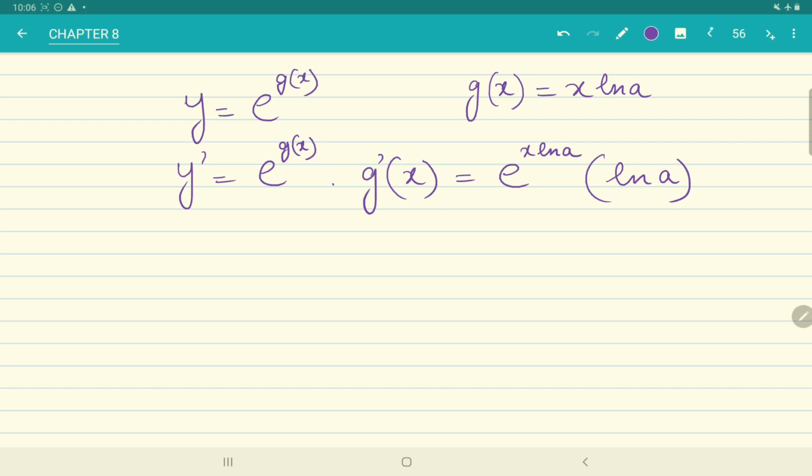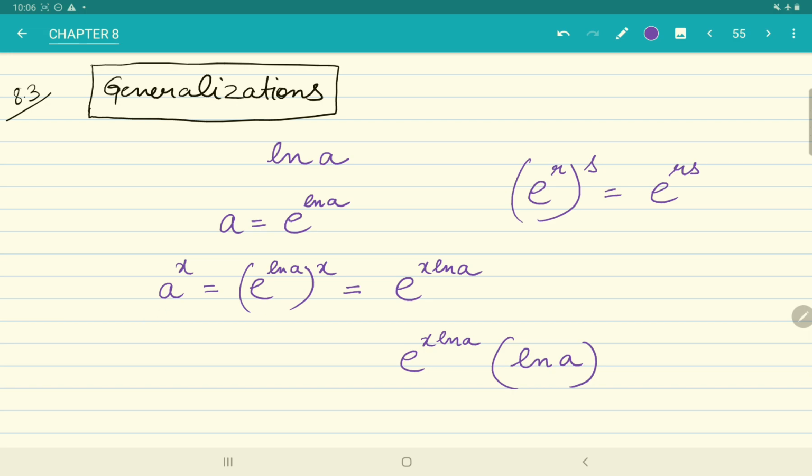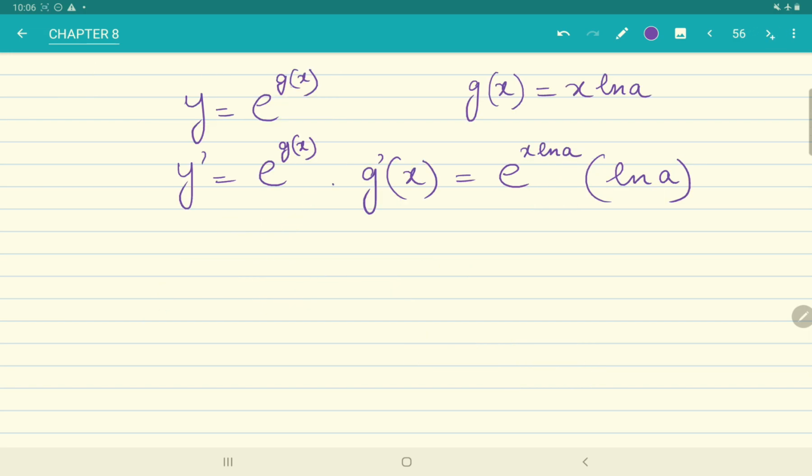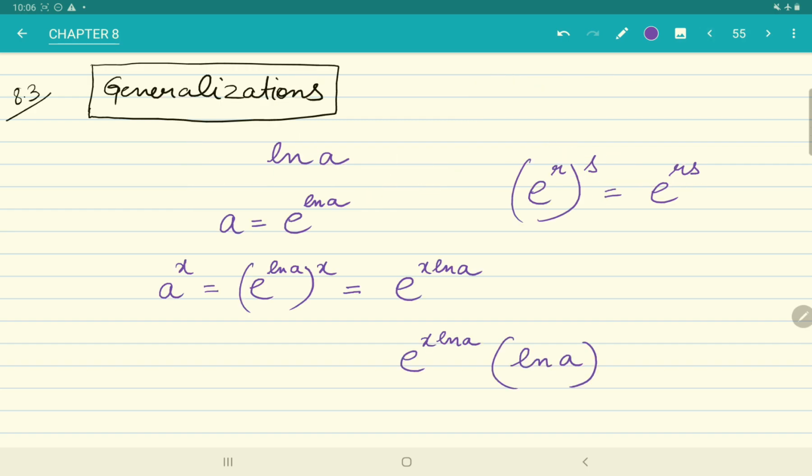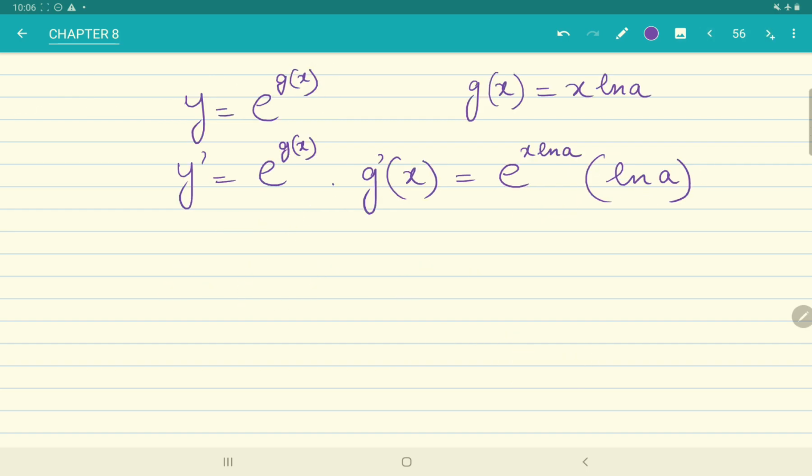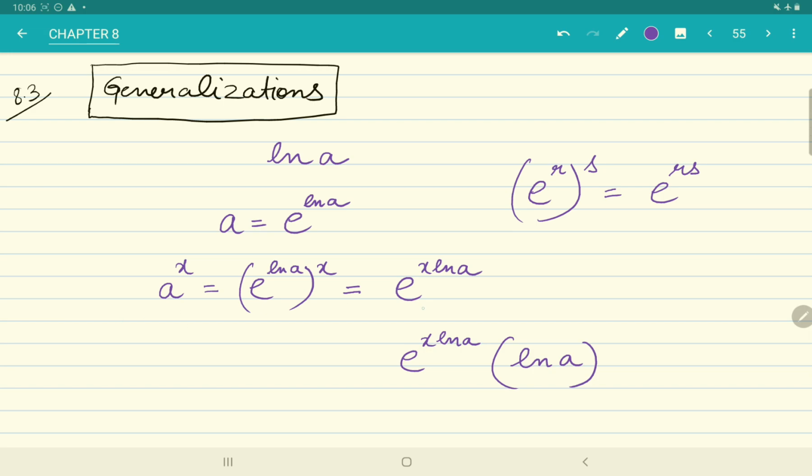I know that my y, which is equal to e raised to the power g of x, I can write as a raised to the power x. So y is equal to a raised to the power x. That means y prime is equal to e raised to the power x ln a, and e raised to the power x ln a is nothing but a raised to the power x, as we know from here.